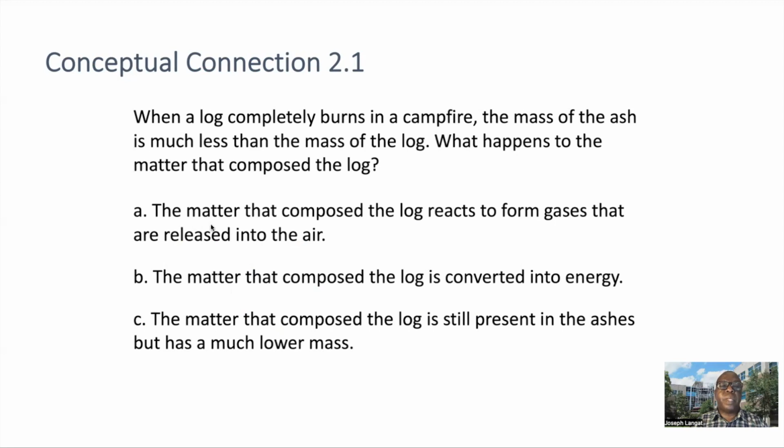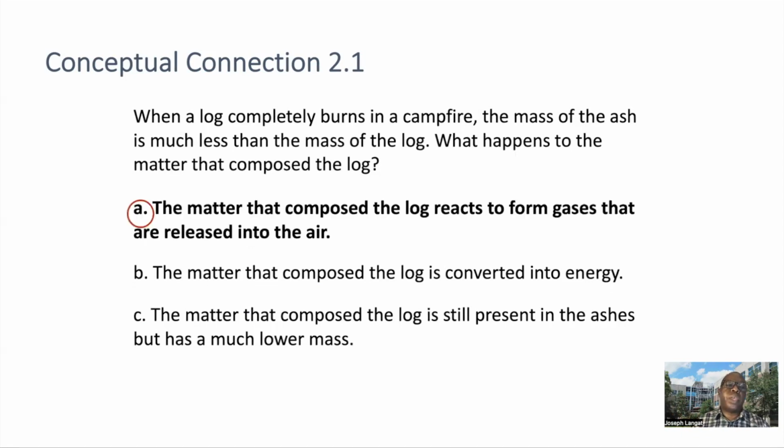The most appropriate answer is that the reason why the mass of ash is less than the mass of the starting log is because part of the products are gases, which escape into the atmosphere.